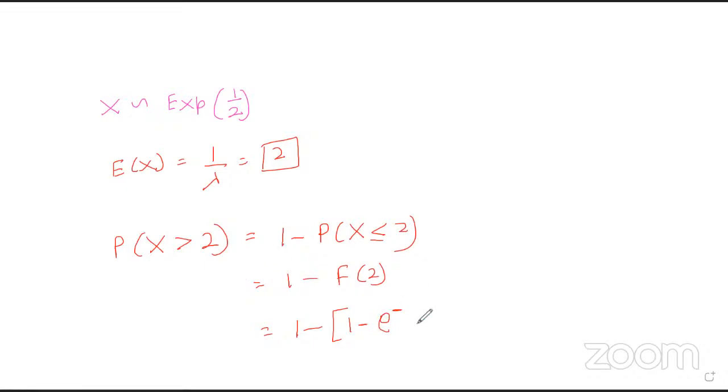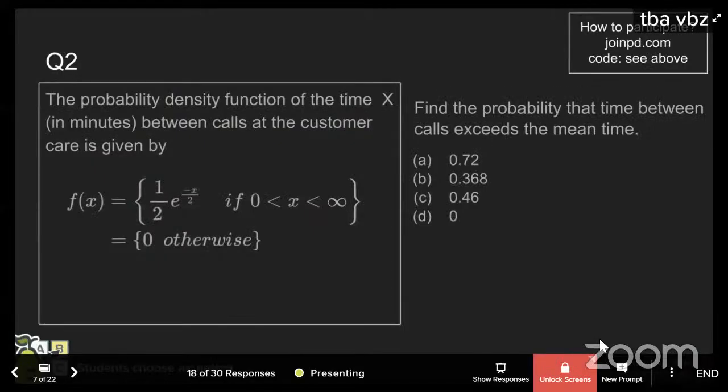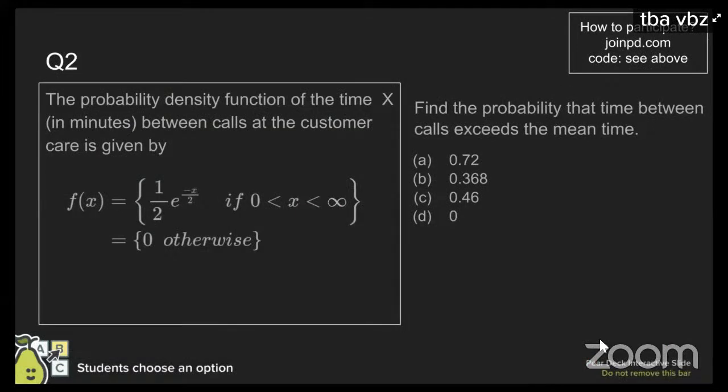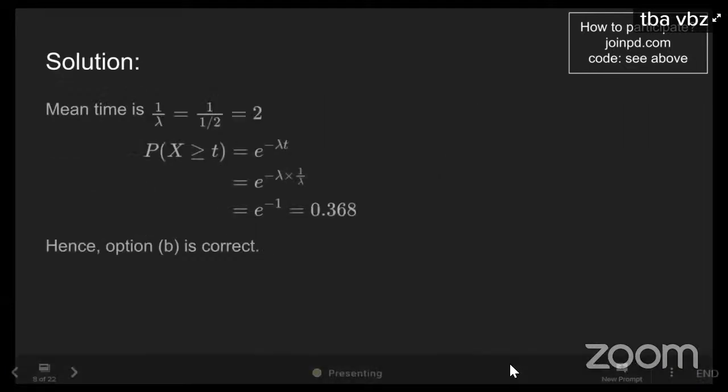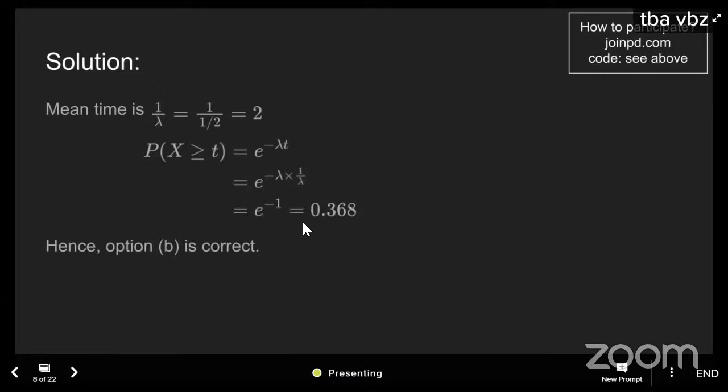Lambda is 1 by 2 and t is also 2, so it is e raised to the power minus 1. If such a question comes in a quiz, you don't need to remember the value of e. Either the options would be in that format, or it will be given in the question that e raised to minus 1 equals this. So here it's 0.368.